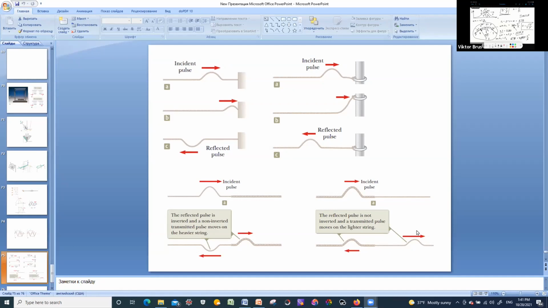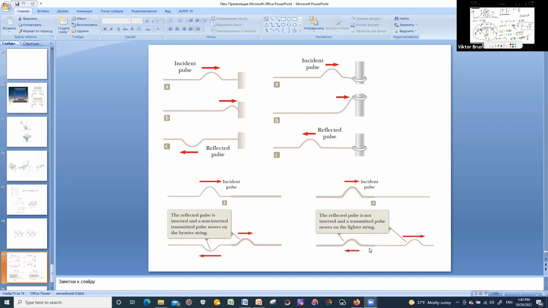If we have a different case, in this case we have the incident pulse approaching the interface from the side of the thicker string, meaning from the medium with smaller speed of propagation. Then we also get two waves which are transmitted and reflected.